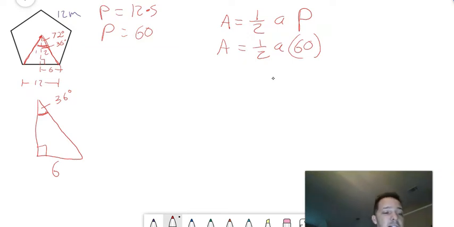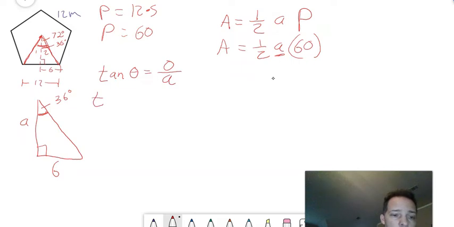So now that I have this, I want to solve for the apothem so that I can eventually plug it into our formula up there. I know that the angle of 36 is opposite of 6, and the adjacent leg is what we're solving for. I can use the tangent ratio. Tangent of an angle is opposite over adjacent.